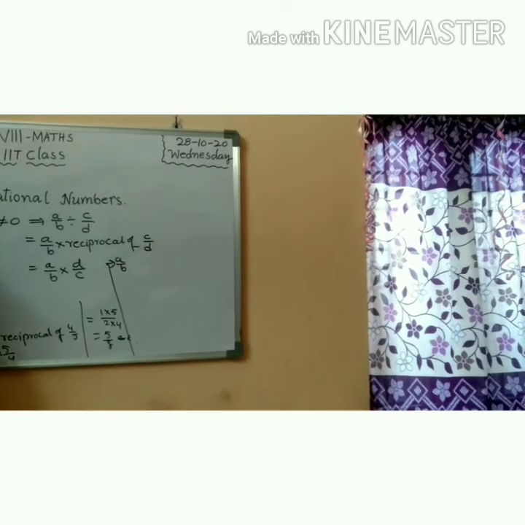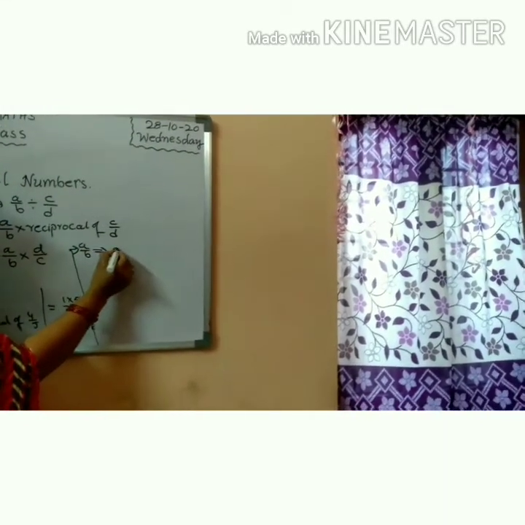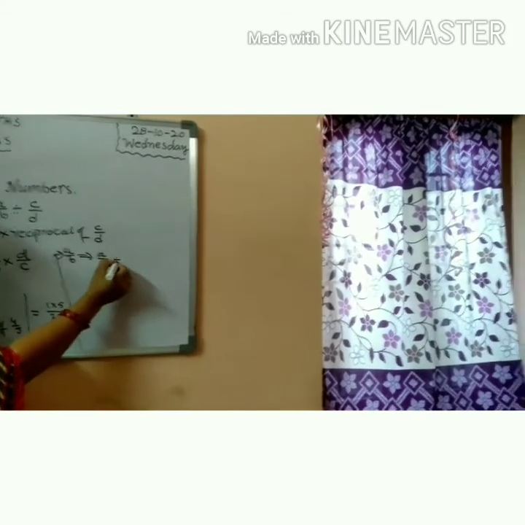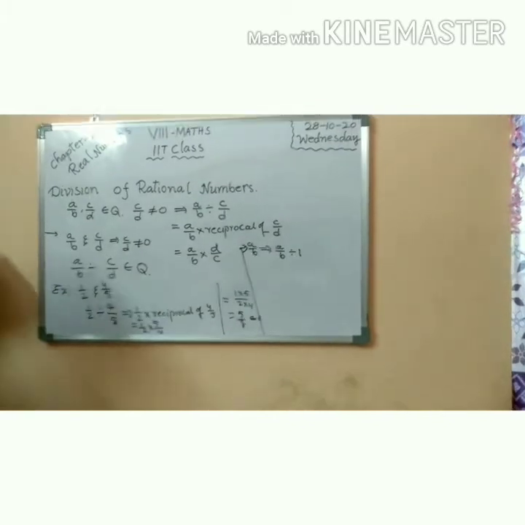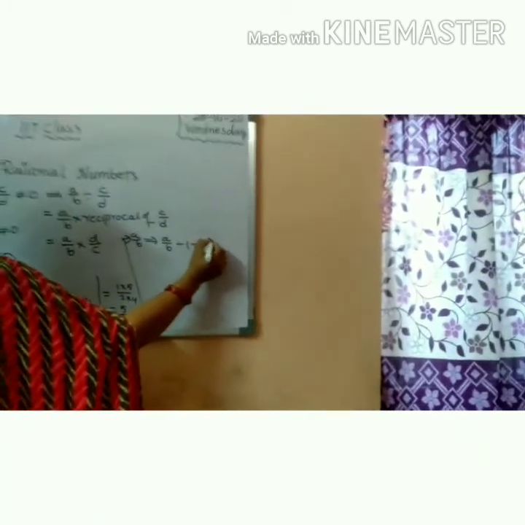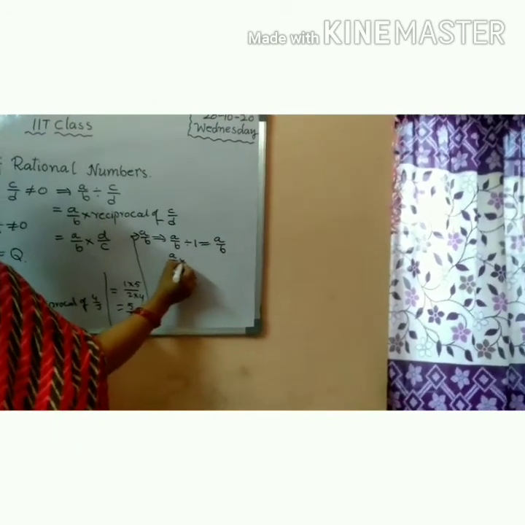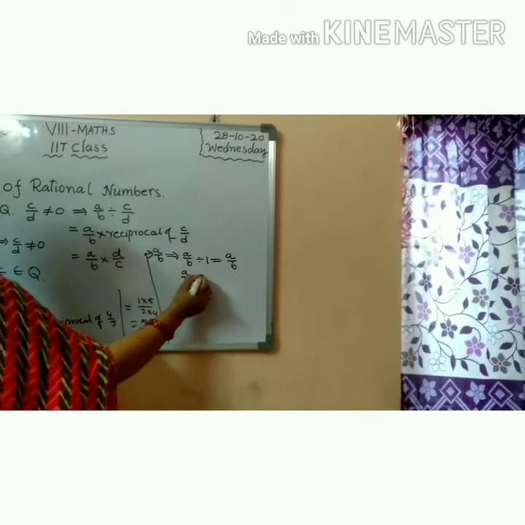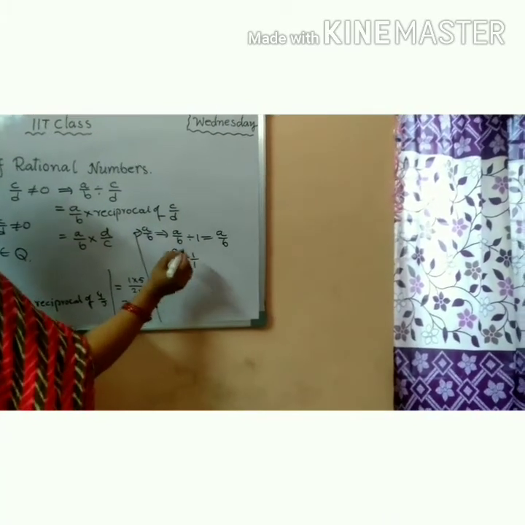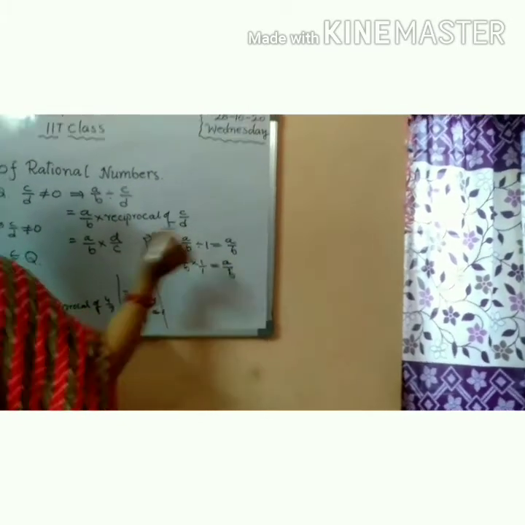For any rational number A/B, we have A/B divided by 1 is equal to A/B. Here the multiplicative inverse of 1 is 1, so again we will get A/B. That is equal to A/B.